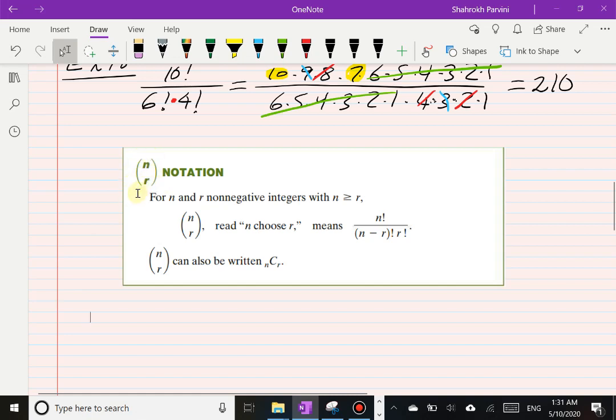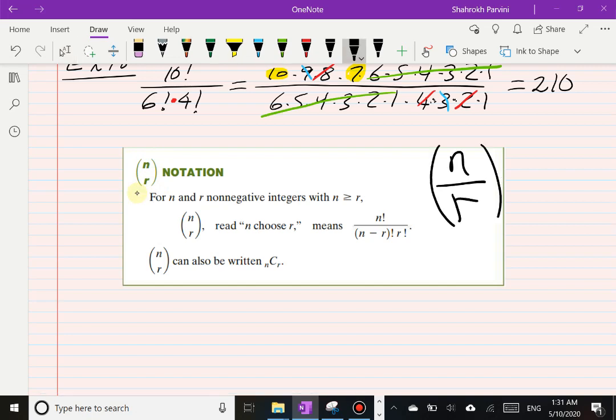Now the one thing that this is not, let me write that, this is not n divided by r. That's not what this is. It's not division. It's n r notation. So what does n r notation mean? Well, if n and r are non-negative integers, and n is greater than or equal to r, it means the top number is larger than the bottom number, or at most they're equal.